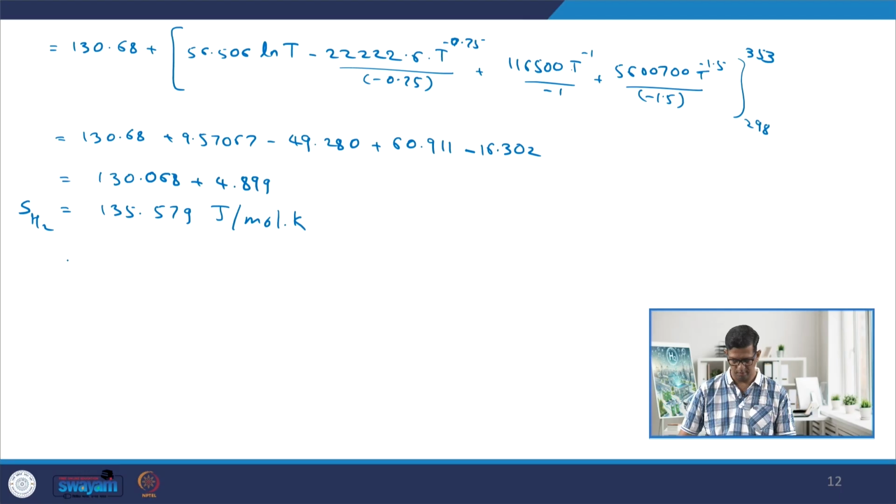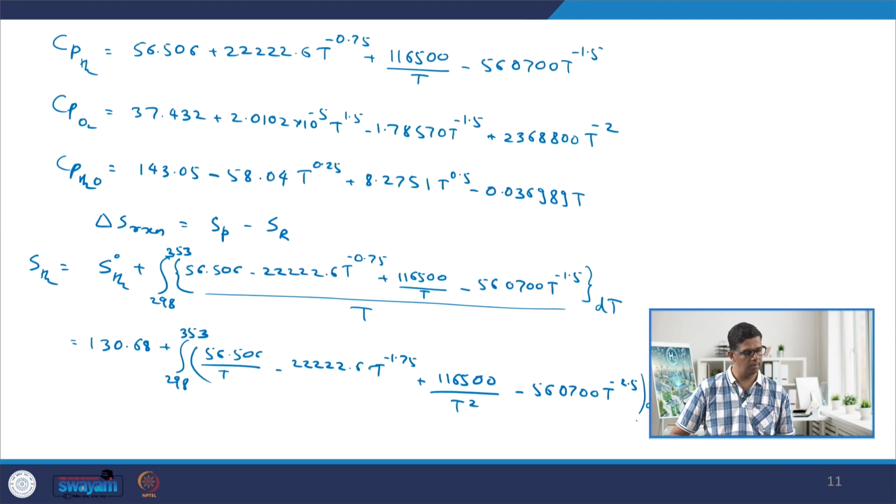Let us move on and find out entropy of oxygen, which is entropy at STP of O2 plus integration of again Cp as a function of temperature by T, from 298 to 353 dT.